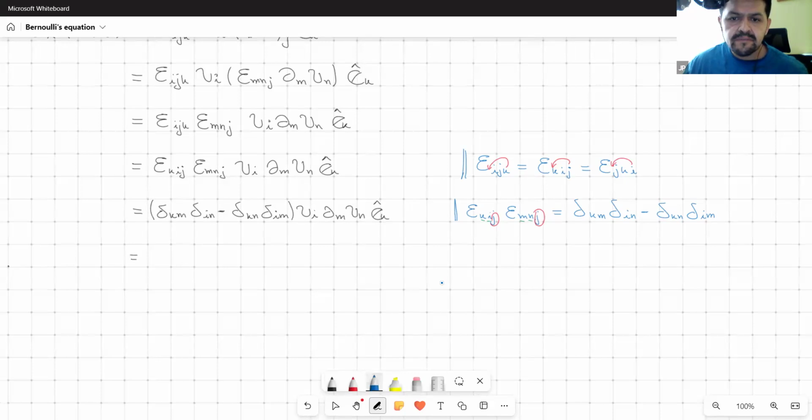Then we will use the property of the Kronecker delta that says that if you have, say, Aij delta kj, these two indices cancel out, and this one replaces the repeated index, meaning that Aij times delta kj is essentially Aik. All right?